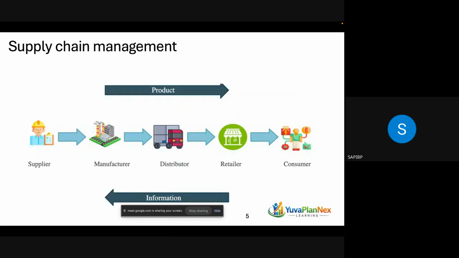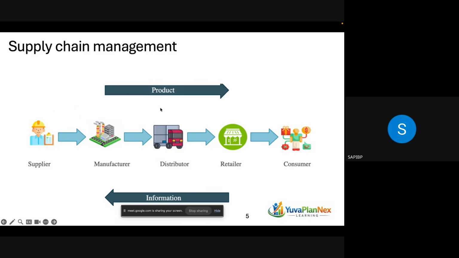Take this simple supply chain network: the end users are the customers, and then there are the retailers, distribution centers, the manufacturing unit and the supplier.